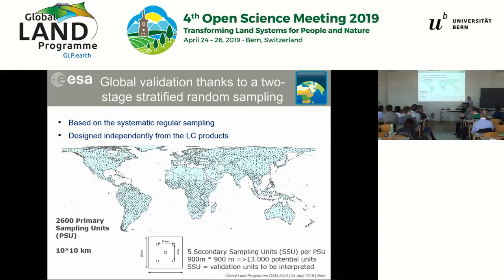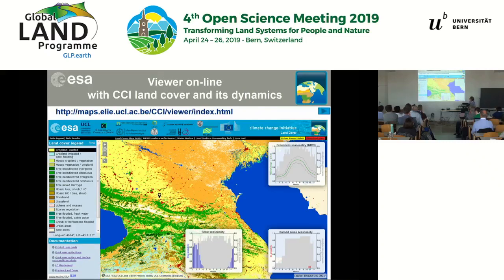So the next step of our work will be to redefine a sampling dedicated to the change assessment. And we have all this data available online on an interactive viewer, so you can right-click to have the seasonality per pixel, and on the left click you can have the land cover legend, and it's also the place where you can download the data.